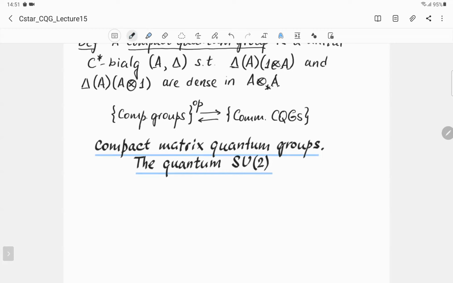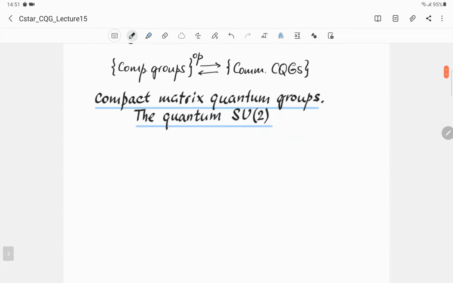Okay, so we start with the following result, which serves as a motivation for the definition of the quantum SU2.